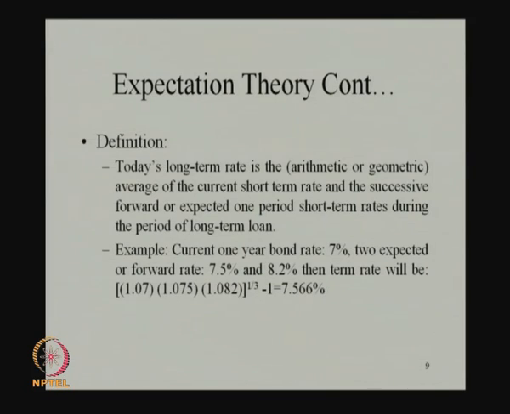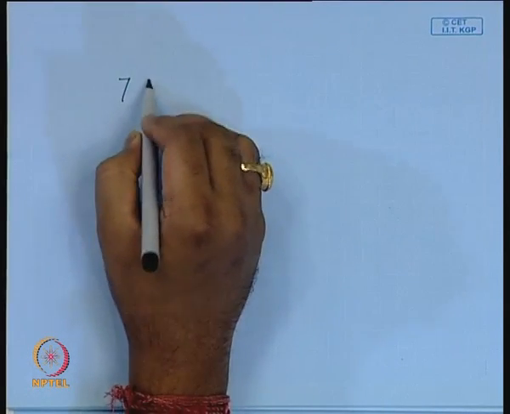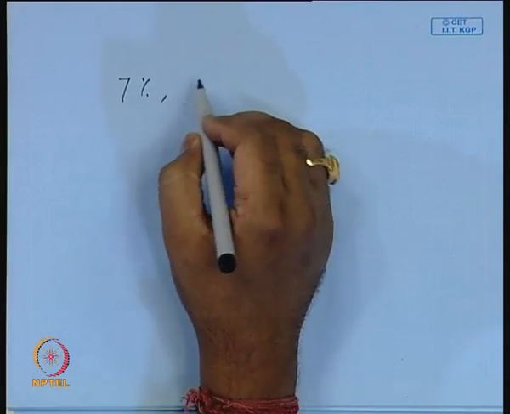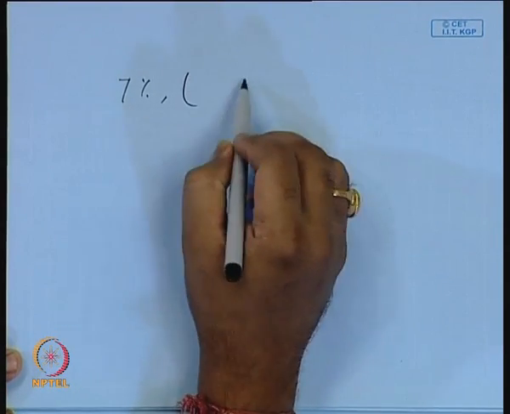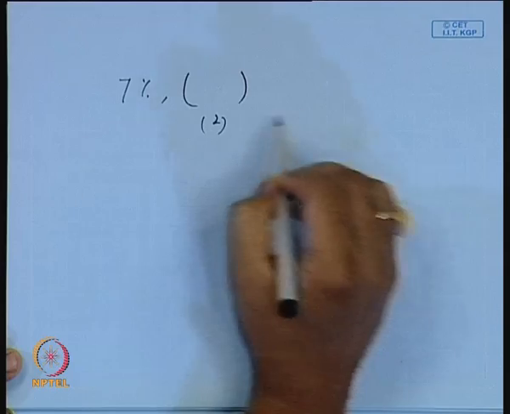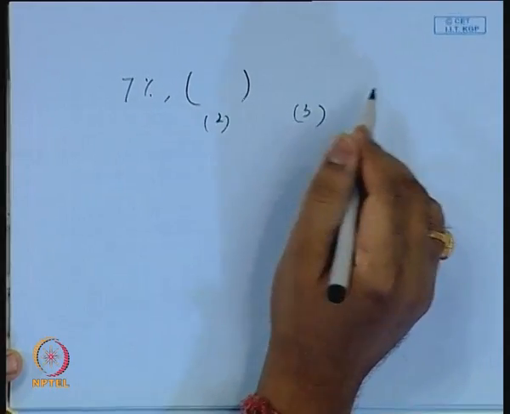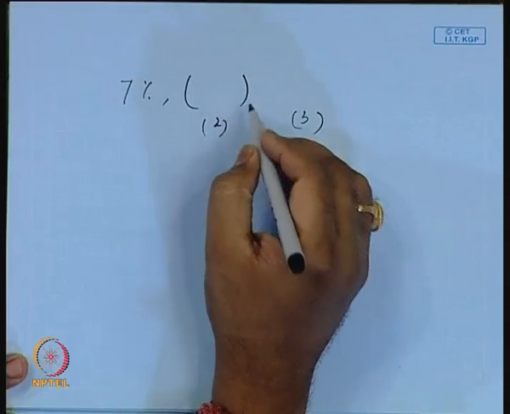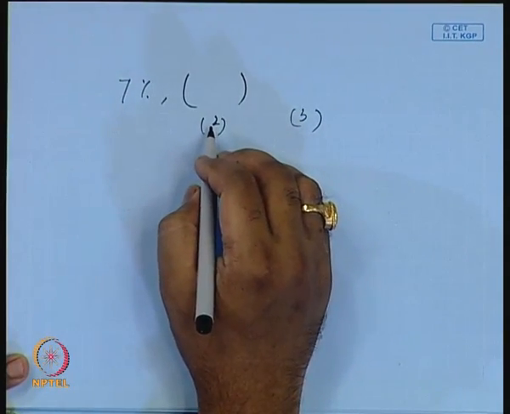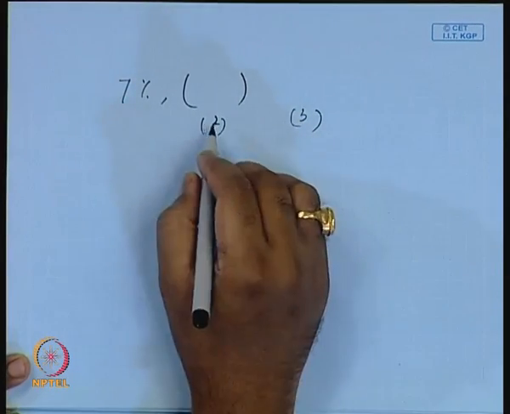You just see the example: the current 1 year bond rate is 7%. That means today the short term rate of the bond is 7%, and we are expecting what the bond rate should be in the second year, and what it should be in the third year. So, today's rate, whenever we are expecting about the second year, we call it the forward rate or expected rate.